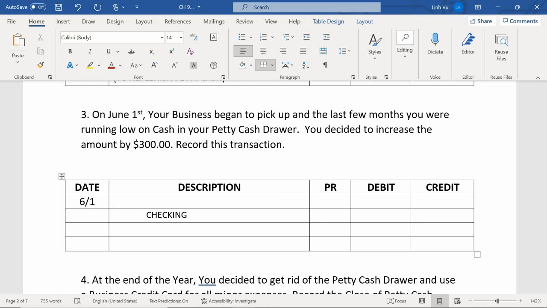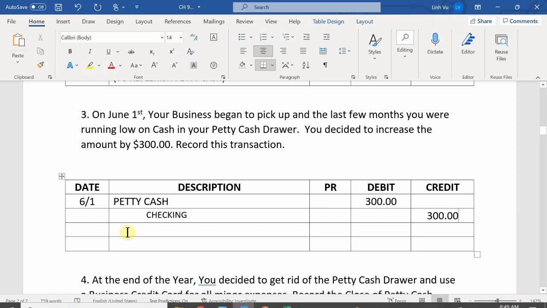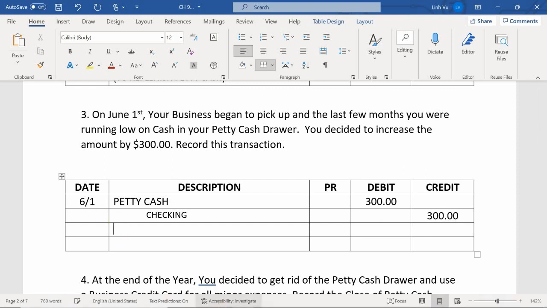So what account am I putting that check in? Petty cash. Yes. By $300. And I'm going to make a note here to increase petty cash fund. Okay.